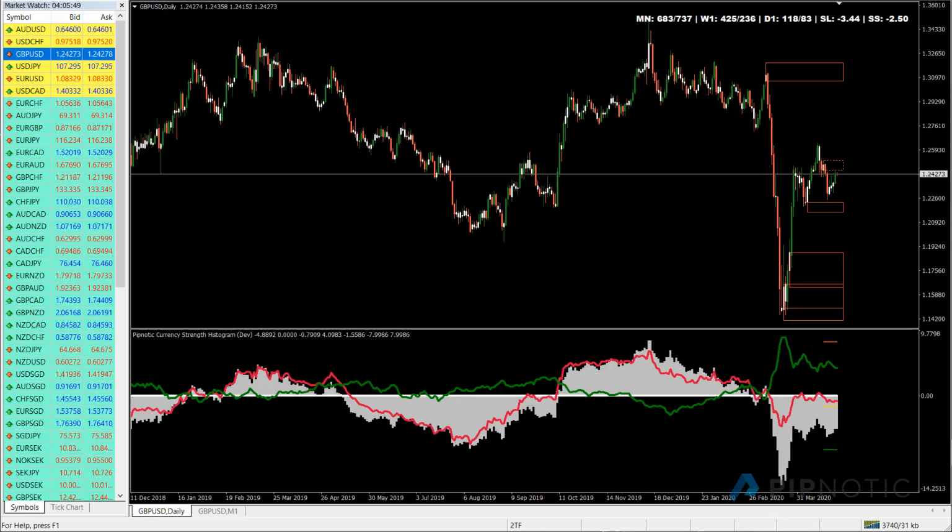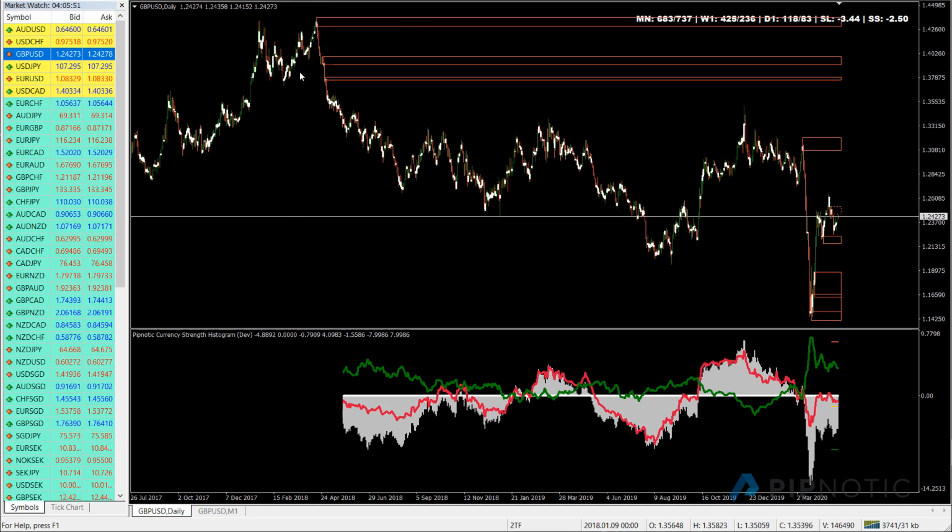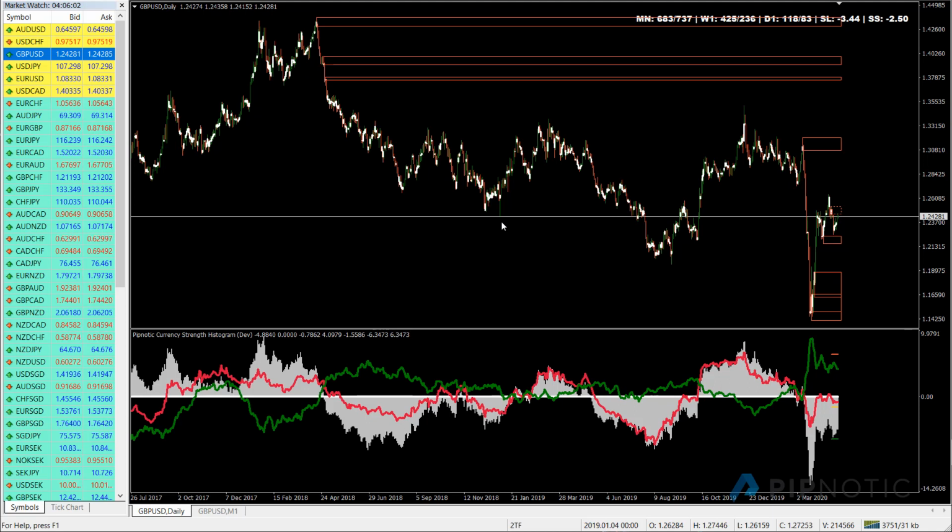But overall, if we look on this chart here, price is moving down, so we do have a negative bias. I've been waiting for price to come up to these areas for a long time, and it hasn't. We've seen so much strength in the American dollar and a bit of weakness in the British pound that this has simply kept this pair moving low.